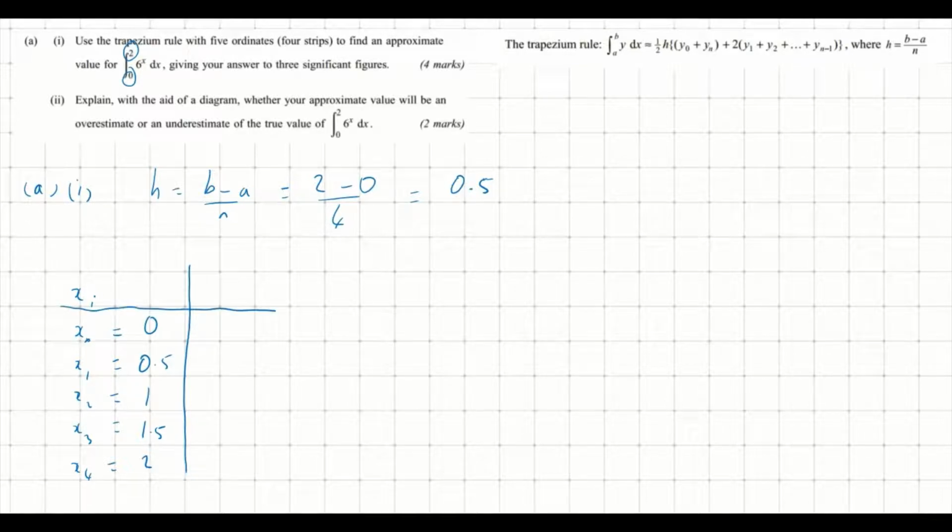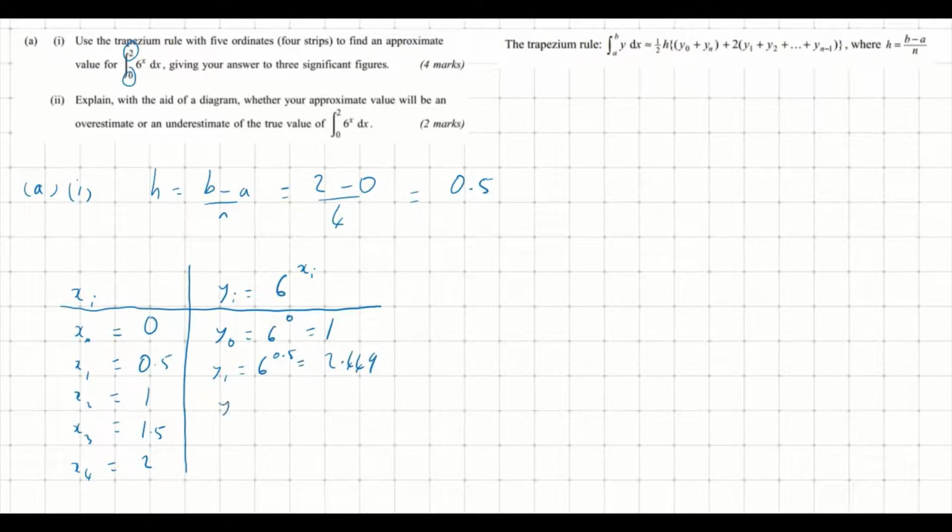And for each of these values of x, I need to create a y. A yi is just my function, in this case 6 to the x, applied to xi. So my yi is 6 to the power of xi. My y0 is 6 to the power of x0, which is 0. 6 to the power of 0 equals 1. y1 is 6 to the power of 0.5, which if you do that on your calculator, you get 2.449.